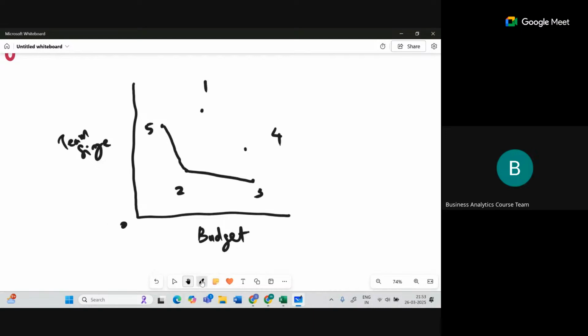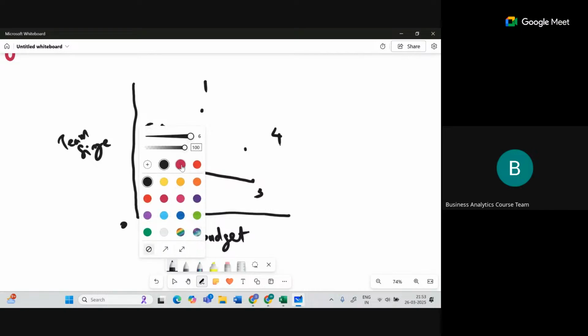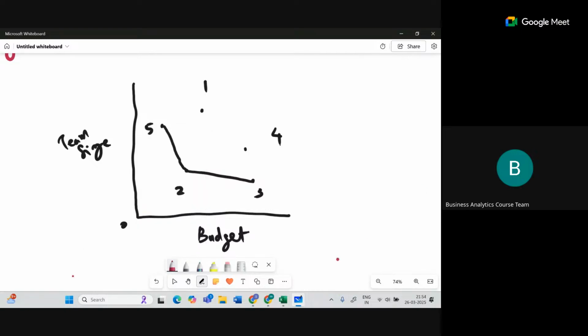So now we have this concept called hypothetical composite unit. Now you know that 5, 2, 3 are the envelope frontiers, the efficient business units. But 1 and 4 are inefficient. So how will you make 1 efficient? How will you make 4 efficient?